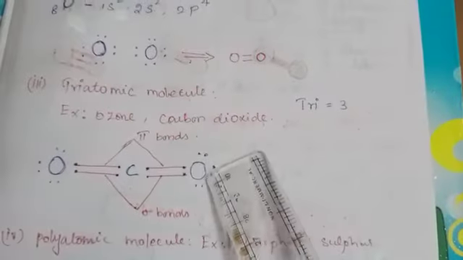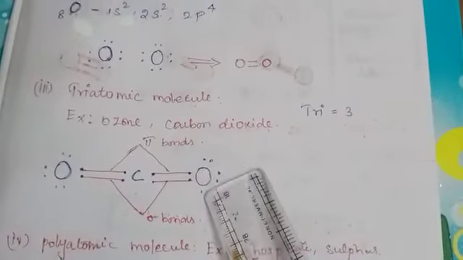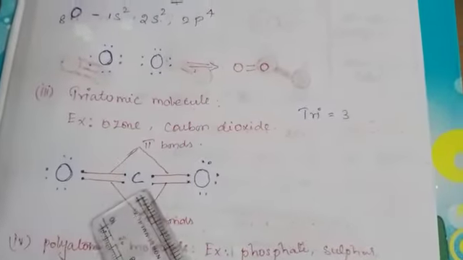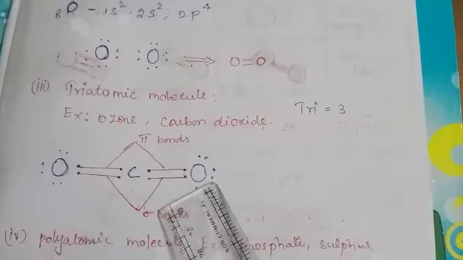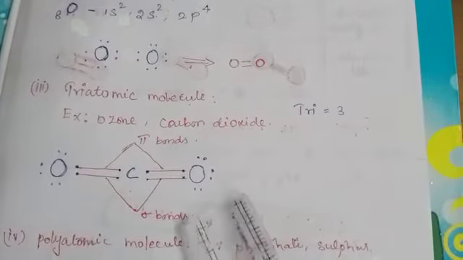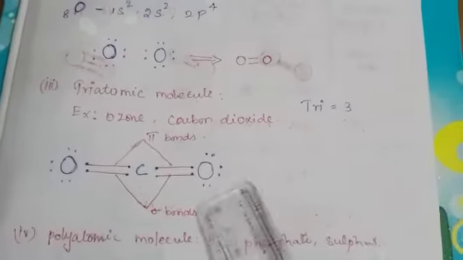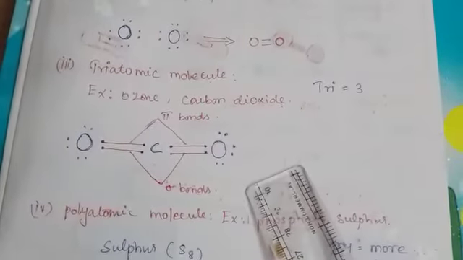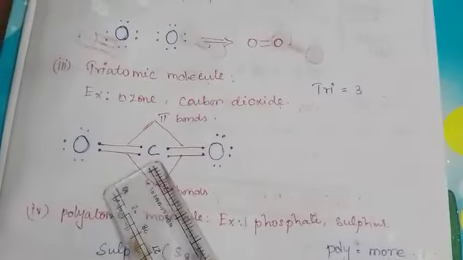Then triatomic molecules. Tri means 3. A molecule which contains 3 atoms is called a triatomic molecule. See, 1, 2 and 3. Since it has 3 atoms in this molecule, this is known as a triatomic molecule. Here, carbon is the central atom.